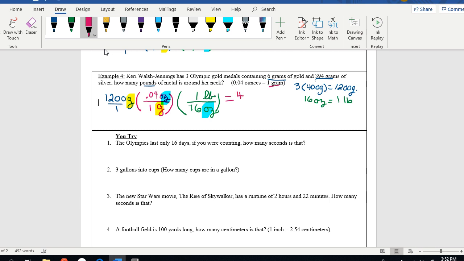You're right, doesn't matter. So that gives me 48 on the top. And on the bottom, I have 16. I'm going to divide that out. That is 3 pounds. Because, guys, remember, pounds was what was left on top. It's our only unit left. It is our final answer. So there were 3 pounds around her neck. I don't think I'd like to walk around a lot with 3 pounds around my neck.